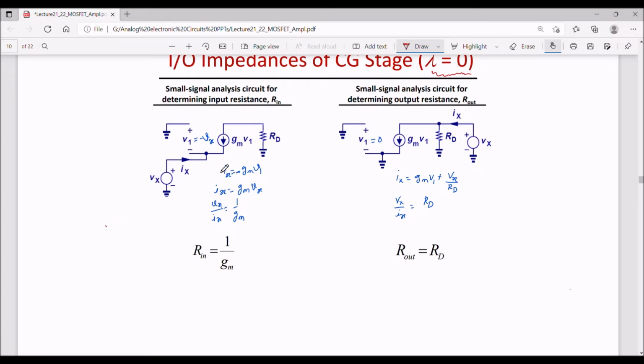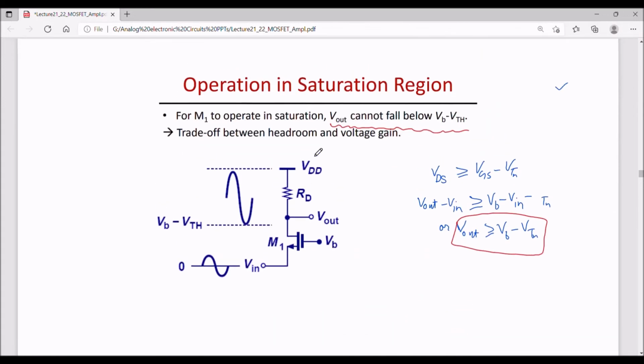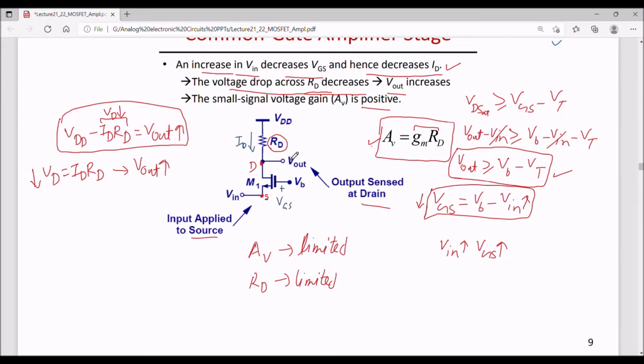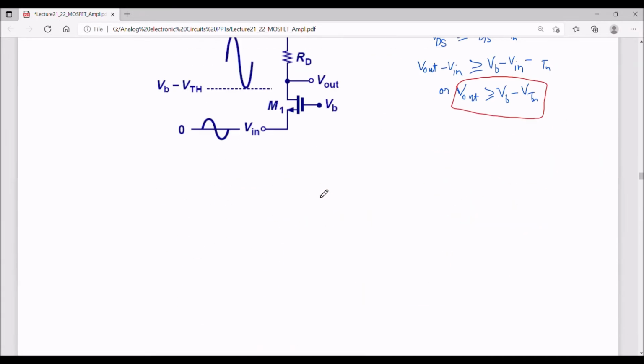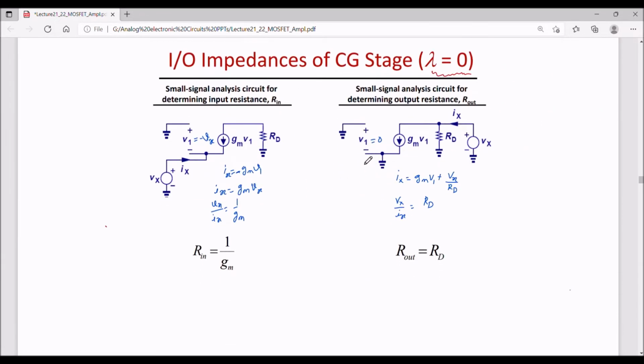So one can draw the small signal model circuit of this circuit, a common gate small signal model. Input is applied at the source and output is taken at the drain. One can find the input impedance by finding Vx by Ix.